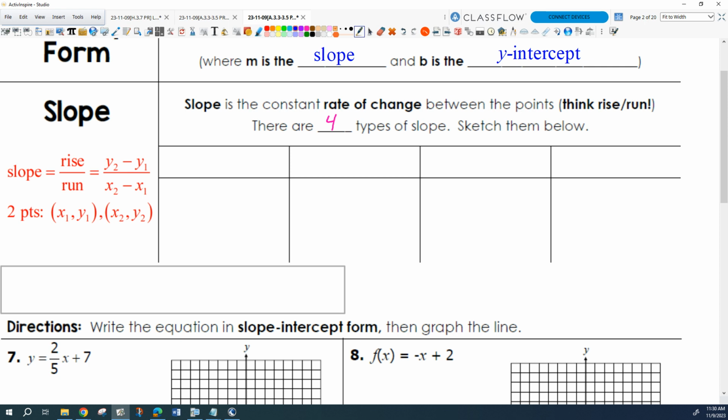What are they? For example, what about a line like that, where an ant is walking on the line from left to right? So the ant's always going to be walking towards the positive x direction. If the ant is walking uphill from left to right, what kind of slope is that? How do we describe that?